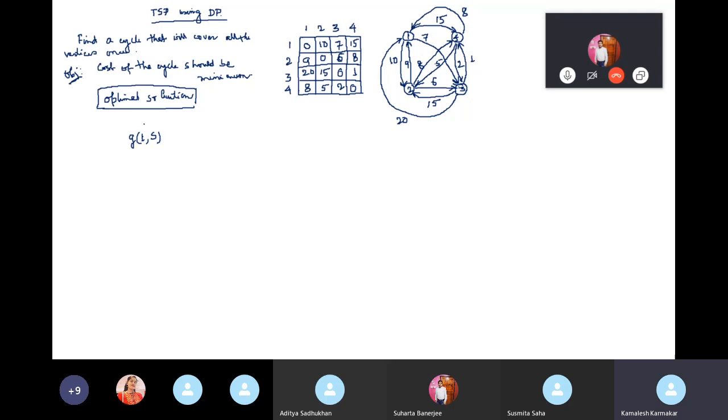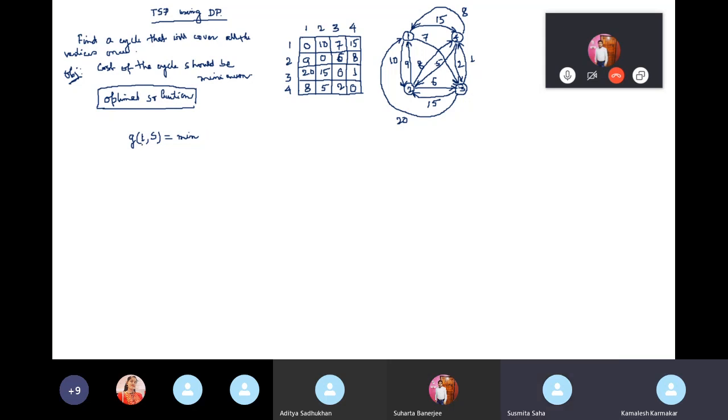So if this one is a function, then how to find this solution? If we have multiple paths, then we have to take the minimum among them. Okay, I will write the equation and I will explain with this example. That will be better.